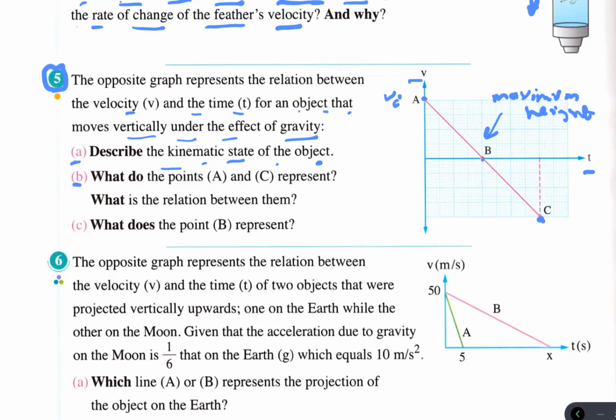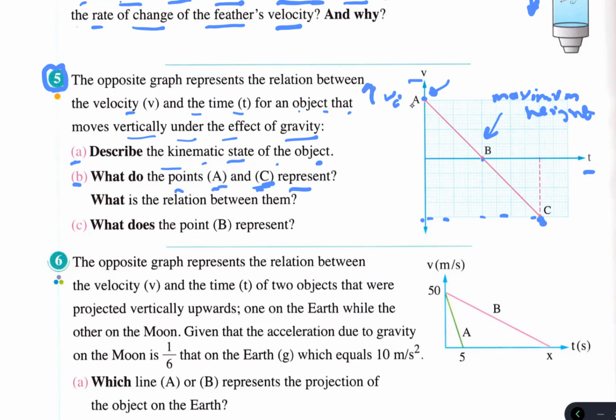About letter B, what do these points A and C represent? As we said, A represents the initial velocity of projection, and letter C, the final velocity at the same place of projection. What is the relation between A and C? They are equal but opposite in direction.